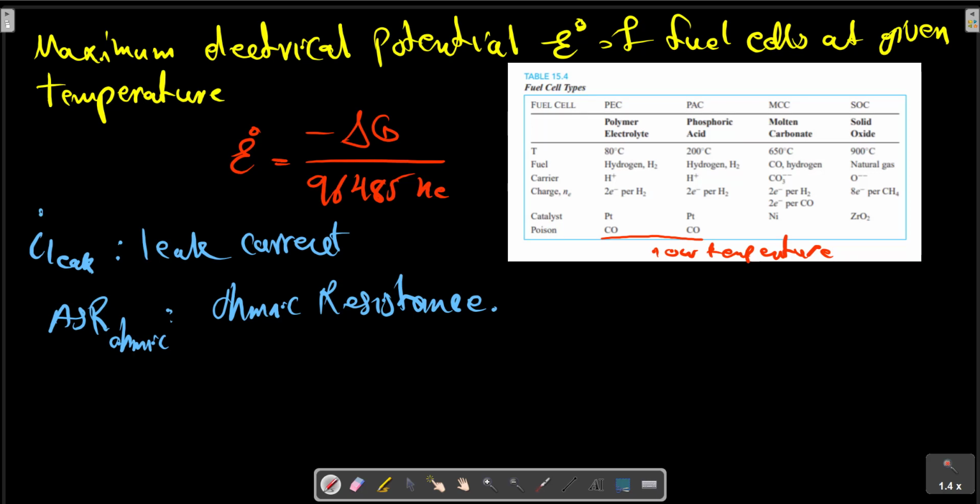Finally, at high current, there is a significant cell concentration loss that depletes one electrode of reactant and at the other electrode generates a high concentration of products, both of which increase the loss of voltage across the electrodes.